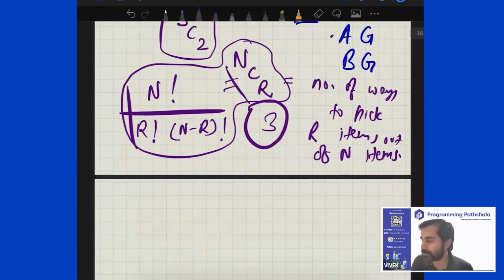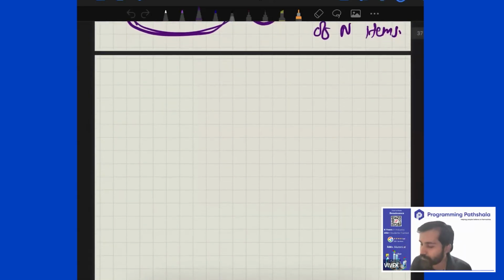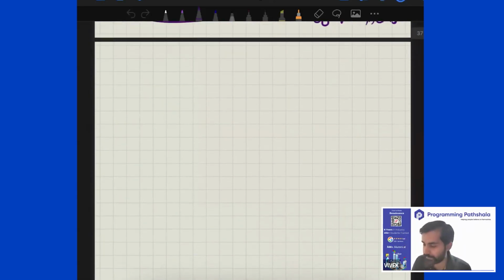I've taken so many interviews in which people had to use this formula, and the moment I change things, they end up getting stuck somewhere. So the first thing we'll do is understand why NCR is equal to this, so that we don't have to remember this formula. It's very, very easy to understand. You just have to focus on a few lines that I'll write, and then it will be perfectly clear.